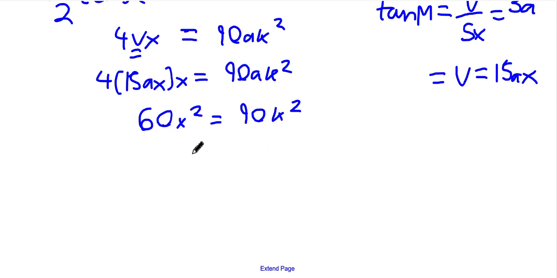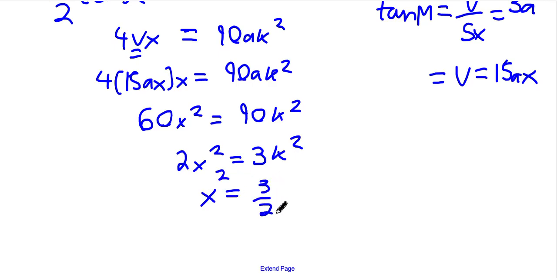Divide both sides by 30. Bring the 2 underneath the 3. Square root both sides. And what do we get x as?